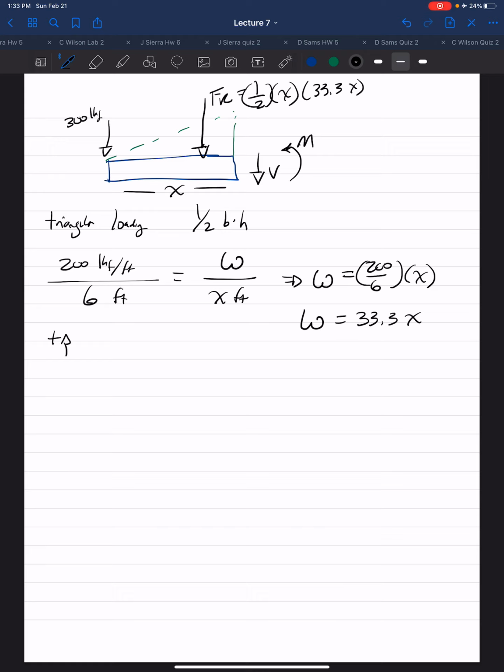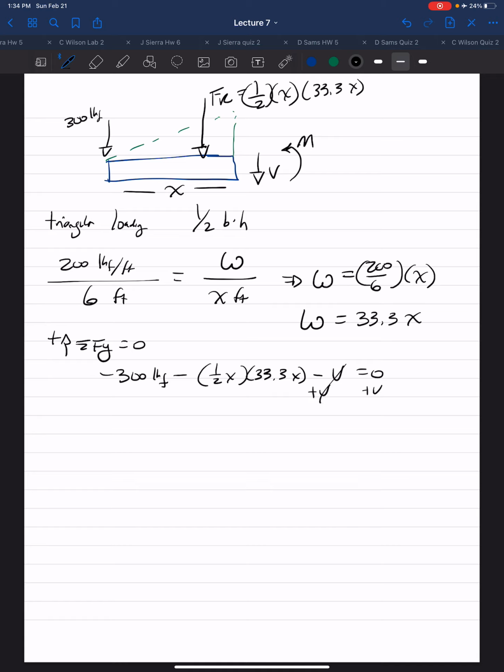So now, sum of our forces in the y direction, we have minus 300-pound force minus your 1/2 x times your 33.3x minus V equals 0.